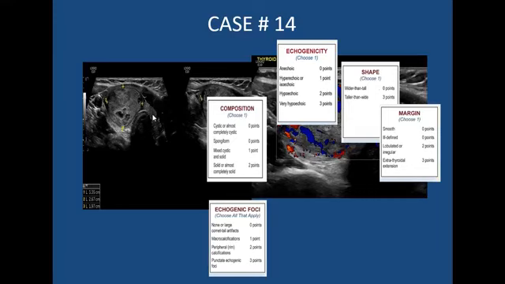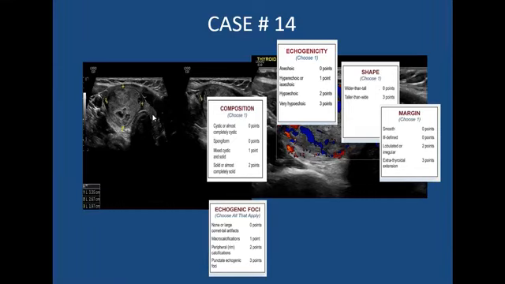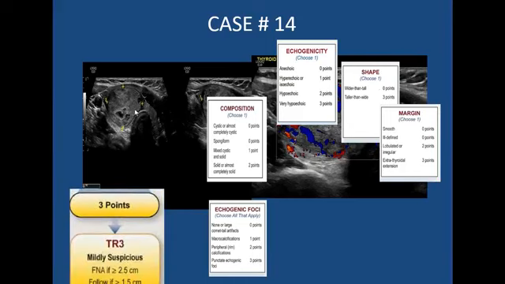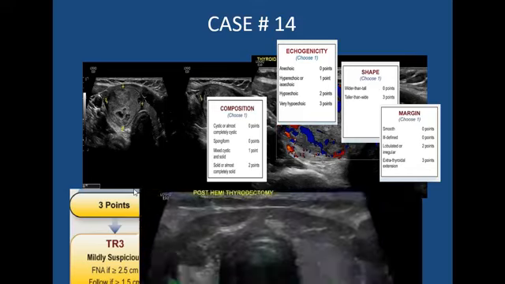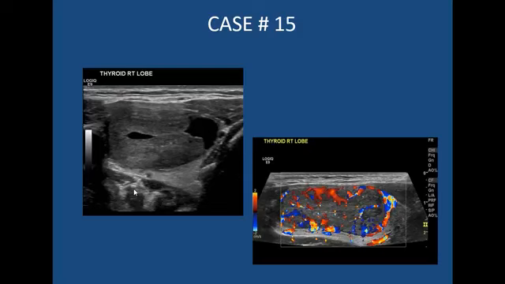So the overall score will be 3, which corresponds to TIRAD 3. And the greater diameter was more than 2.5, so we recommend FNA for this patient. And actually the patient did FNA, and it turned out he had a malignant nodule, and he did a partial thyroidectomy.